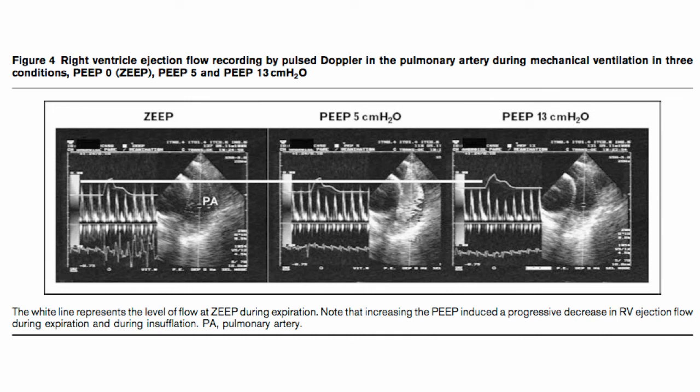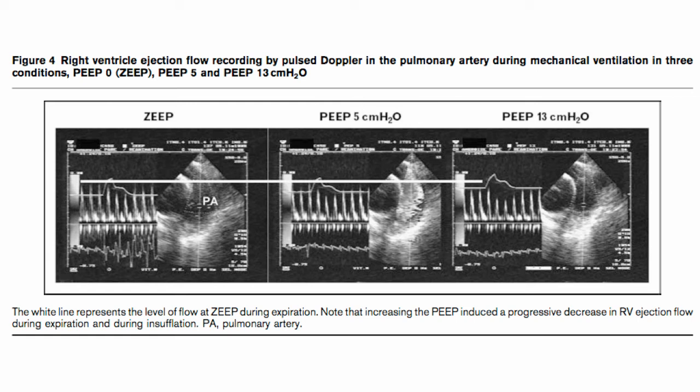And here's a couple of other echo pictures just to demonstrate the same point with increasing PEEP. So we go from 0 PEEP to 5 to 13 as you move across those three pictures. This is looking at the flow out of the right ventricle into the pulmonary artery, and the Doppler flows are recorded there, and the mechanical breath is superimposed on the screen.